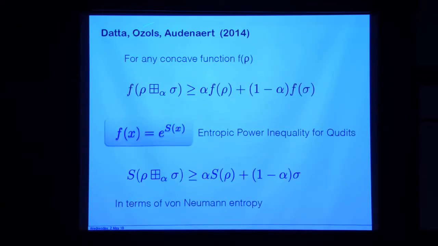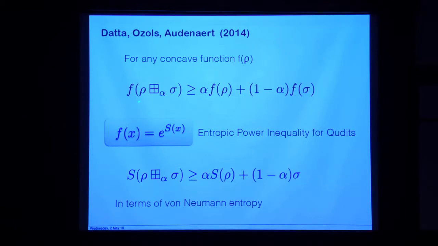The main result due to Datta and others is the following: they proved that for any concave function f, f of the quantum addition of rho and sigma is lower bounded by the convex combination of f of rho and f of sigma. From this main inequality you can derive other results.